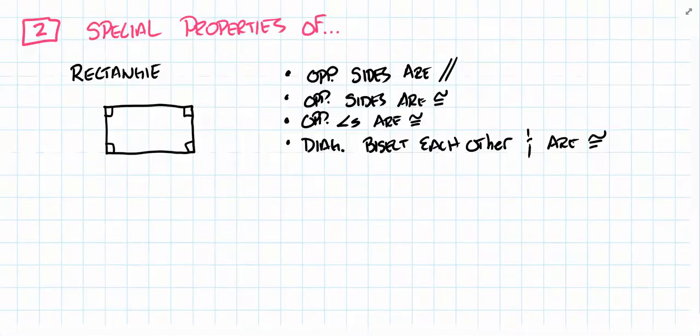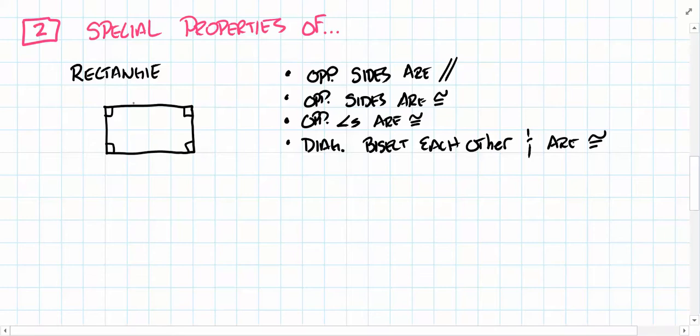Okay, so let's dress up the picture now with all of the four special properties of the rectangle. Opposite sides are parallel, so that means that this side and this side are parallel, and this side and this side are parallel. Second, opposite sides are congruent. So this side and this side are congruent, and this side and this side are congruent. Opposite angles are congruent.